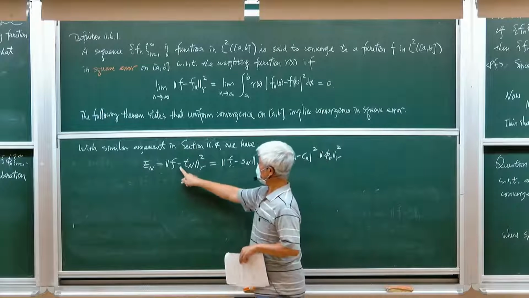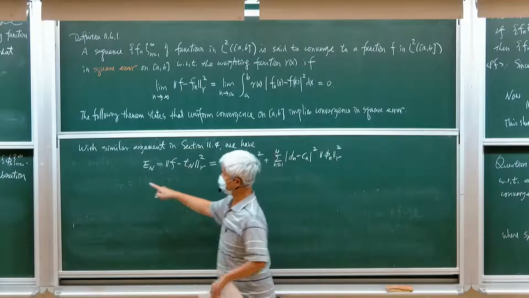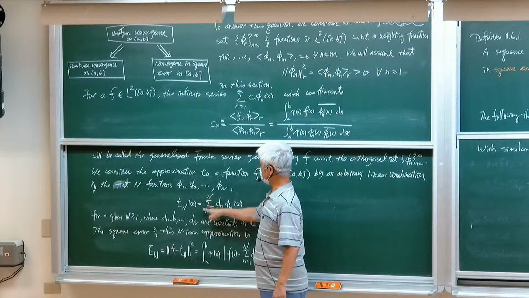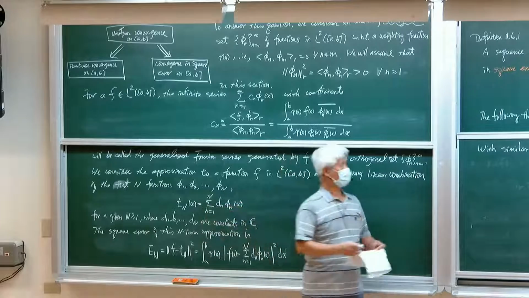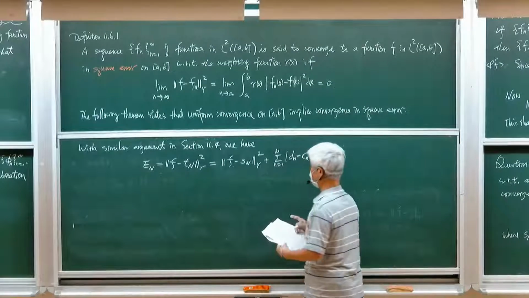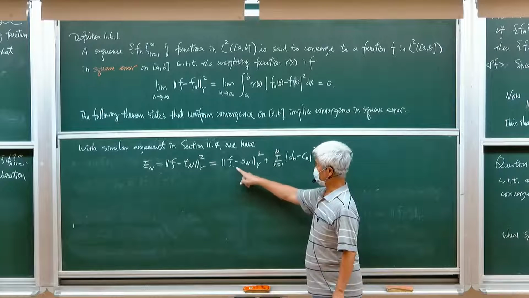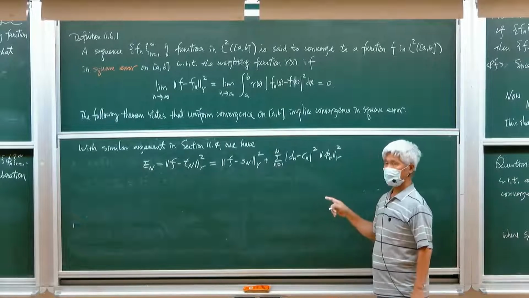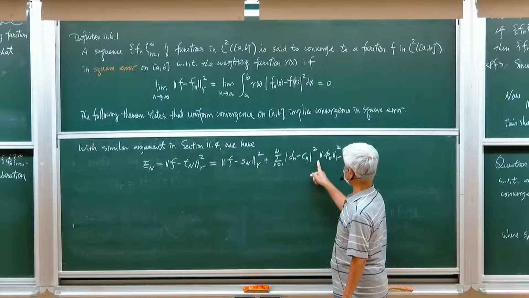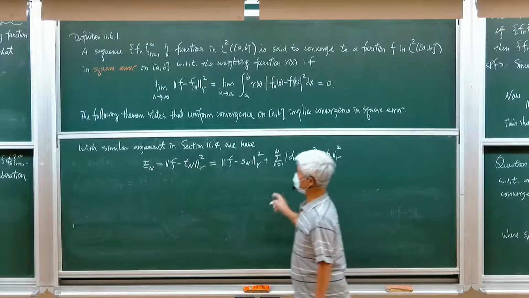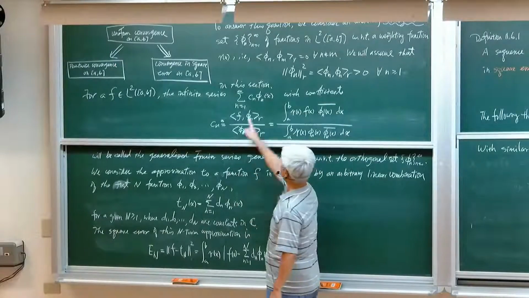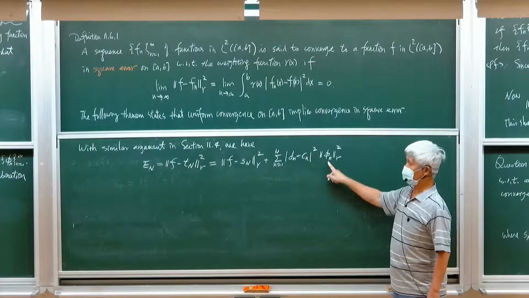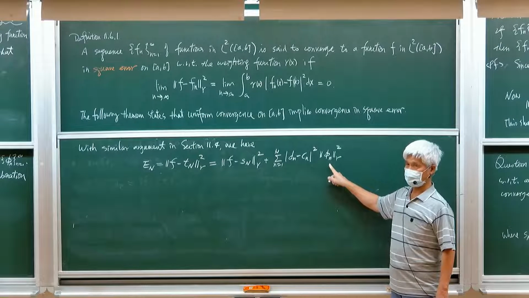Okay, so for the approximation by an arbitrary linear combination of the first n functions in the orthogonal set, this Tn, the square of the distance is equal to the square of the distance between f and the partial sum function plus a term like this one. And this term is expressed by the square of the distance between the coefficients dn and cn, as well as the square of the length of each function phi n.